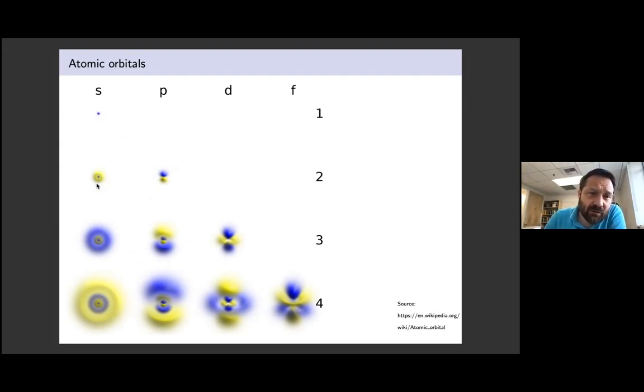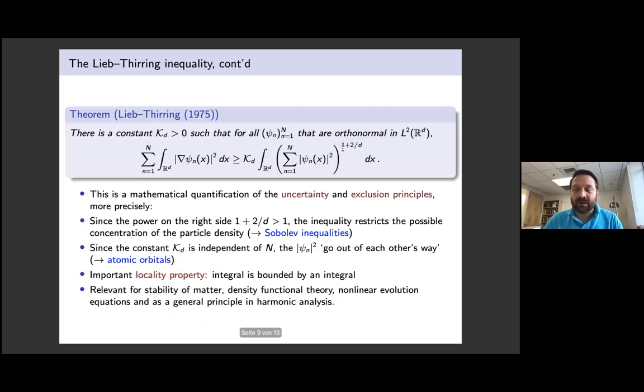These functions are orthogonal to each other, but you see that in order to achieve this orthogonality, the functions have to spread out more and more. That's what this Lieb-Thirring inequality captures: these orthonormal functions have to go further and further out, so that this sum to the large power can be controlled by a single sum.